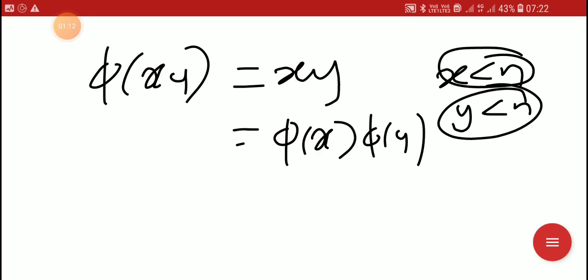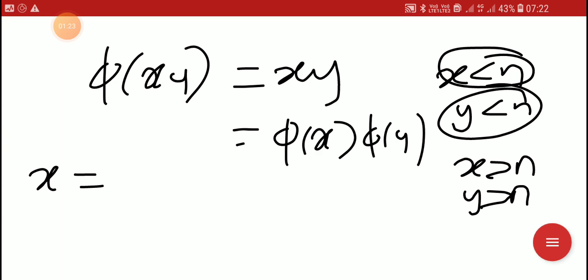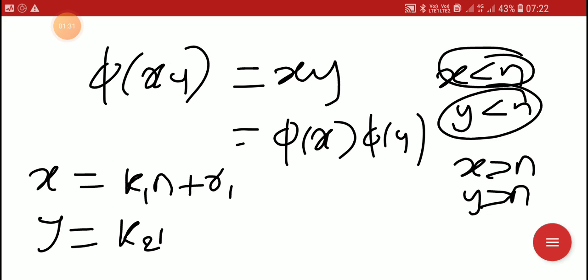In another case, if x is more than n and y is more than n, then x can be written as k1 into n plus r1 and y can be written as k2 into n plus r2.